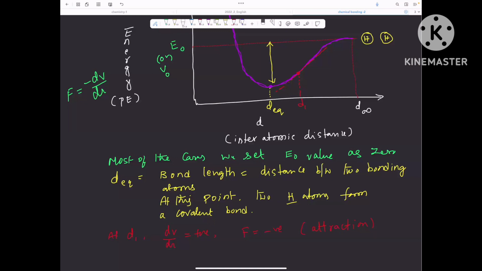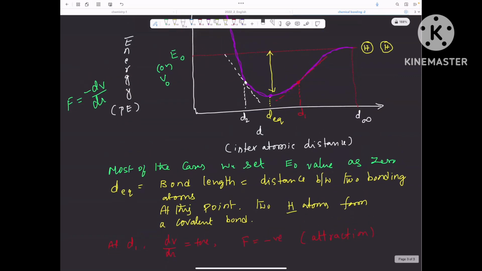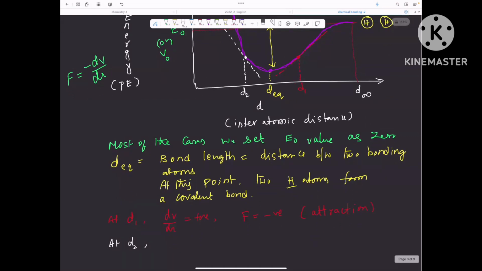Now let us draw the slope at some other point at a distance less than D equilibrium. That's a slope. Let us say the corresponding D is D2. Now at D2, can you tell me the slope? dV by dr is negative.